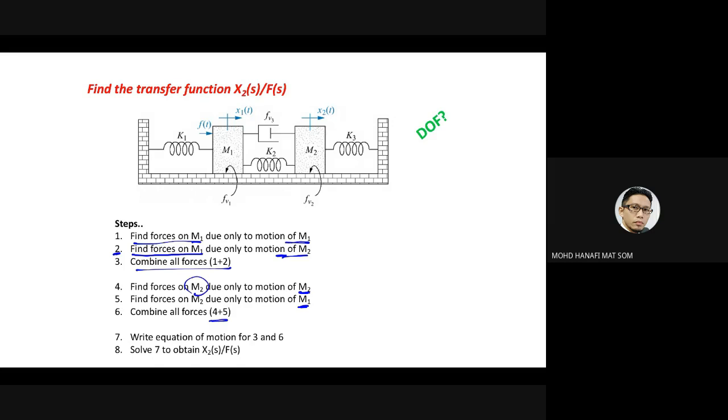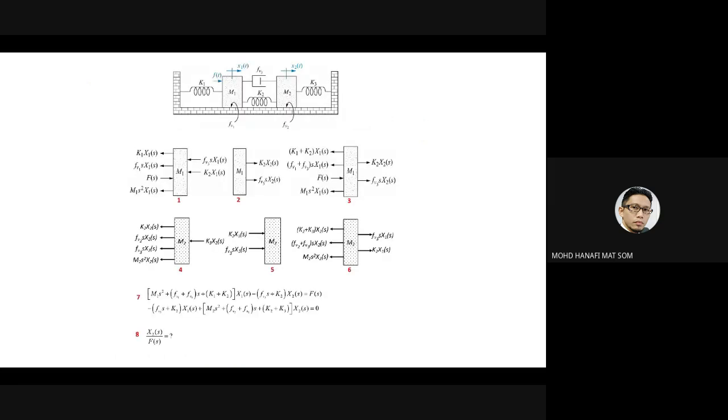Finally, we can write the equation of motion by taking step 3 and step 6, and finally we can solve the problem X2 over Fs. All right, so let's do this step by step. The first one is we consider M1.